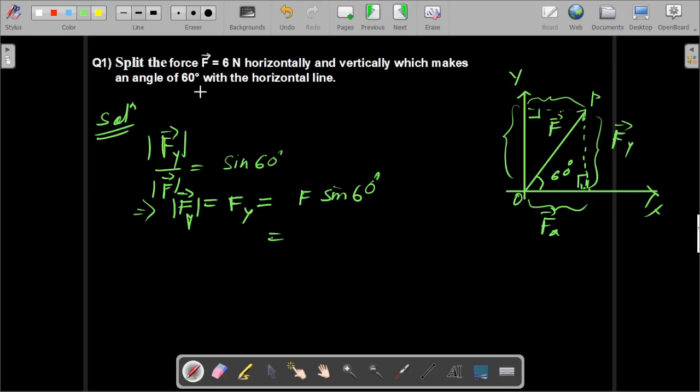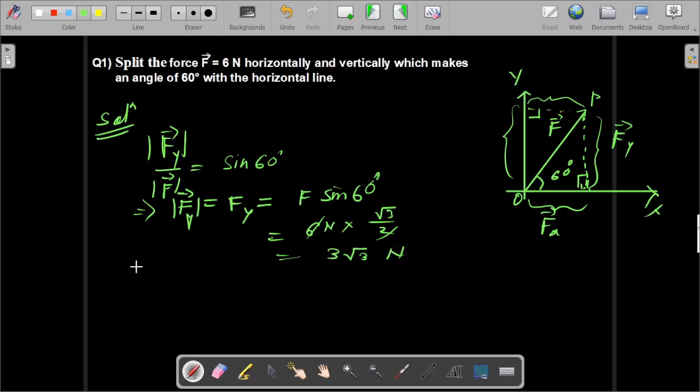F is given, the value of F is 6 Newton, into sine 60 degrees, which is root 3 by 2. This will be 3 root 3 Newton.